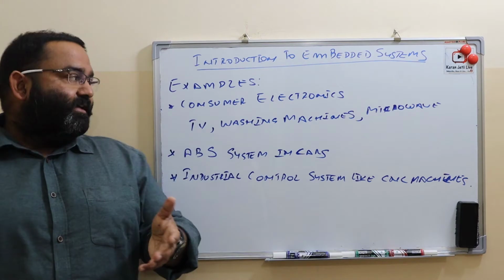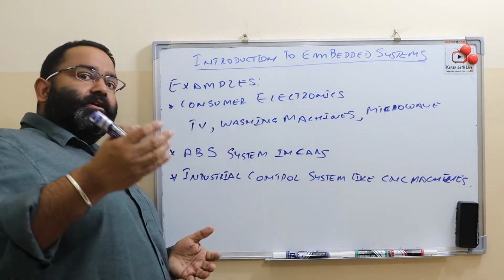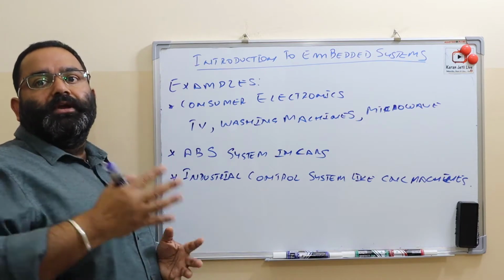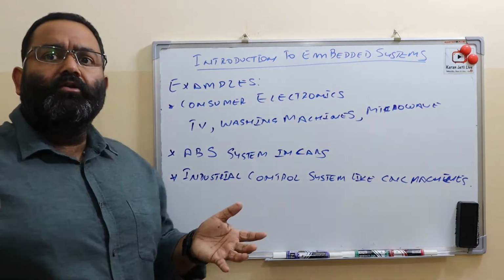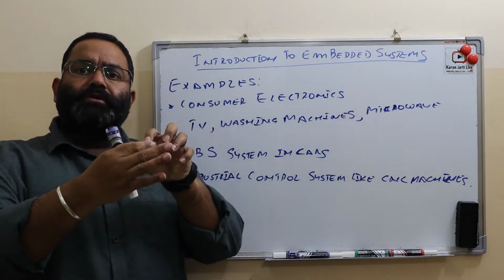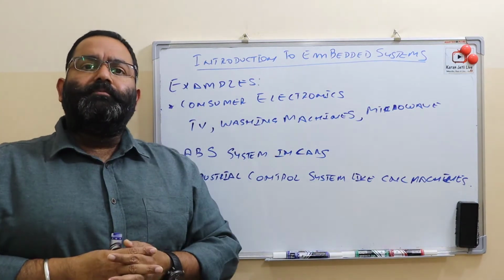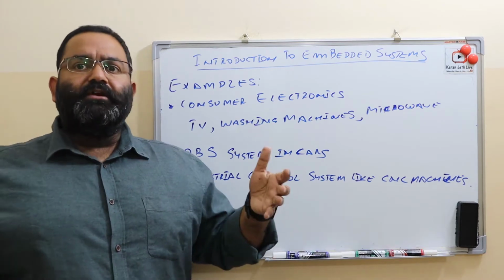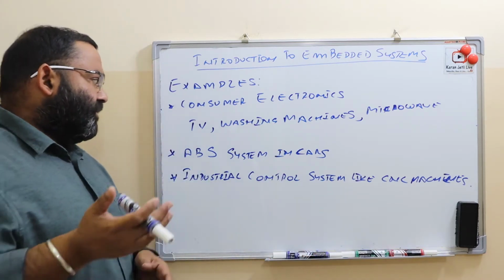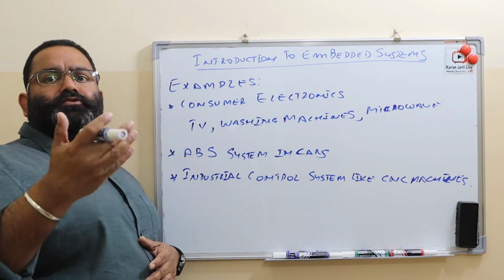So they are embedded systems. Nowadays in your cars also, most cars come with an anti-lock braking system. So what is an anti-lock braking system? Again, there is an onboard computer which calculates how much force to put on the brakes, on the curves, or in different conditions. So it is an embedded system.